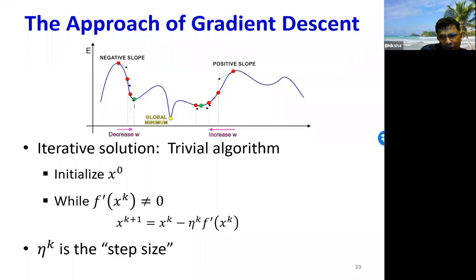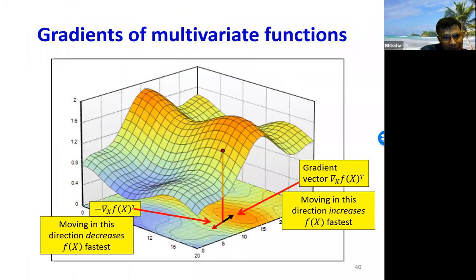And that's for a scalar function, right? For a multivariate function, the same situation stands. Remember that in a multivariate function, the gradient is the direction of the fastest increase. The negative of the gradient is the direction of the fastest decrease.